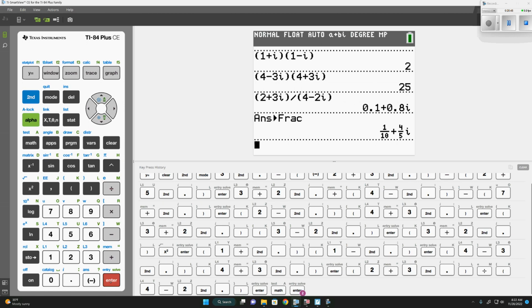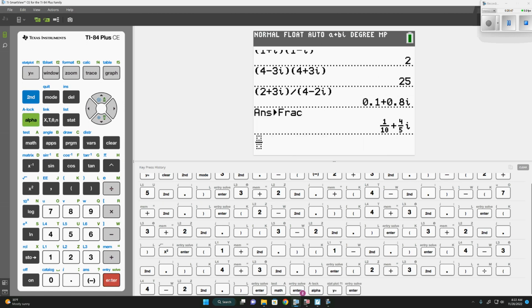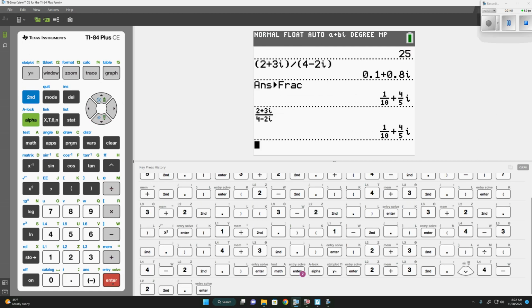But since all of y'all are actually working with the TI 84 Plus CE, we could actually type it in. We could say 2 plus 3i over 4 minus 2i. Hit enter and it'll do it for us. We don't have to do the stepped out way because the TI 84 Plus CEs actually can do these here.